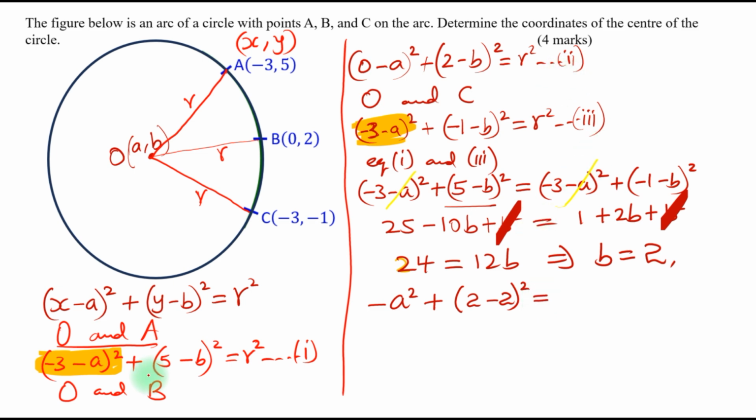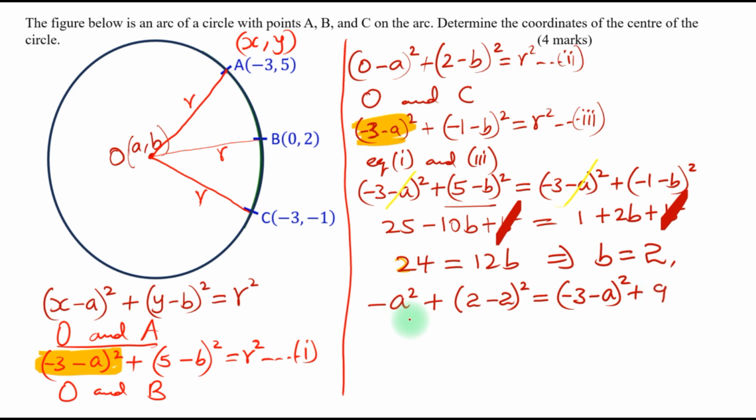We can consider any other equation for the left hand side. So I can take equation 1. We have (minus 3 minus a) squared plus (5 minus b), and b is 2, so that will be 5 minus 2, that is 3, 3 squared, that will be 9.